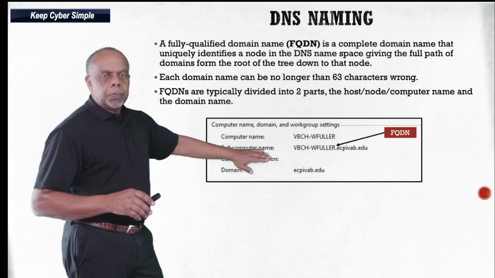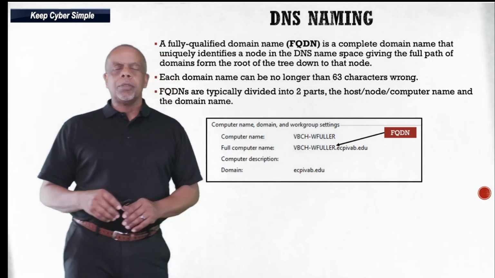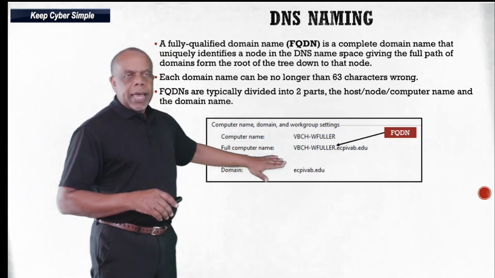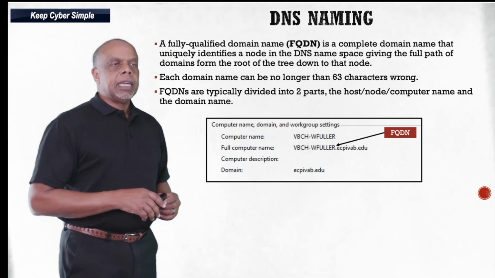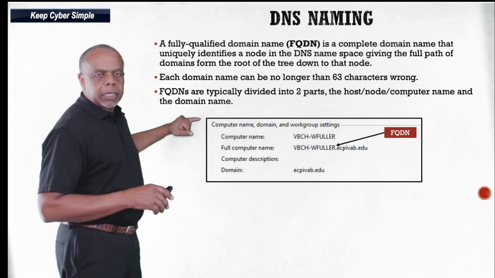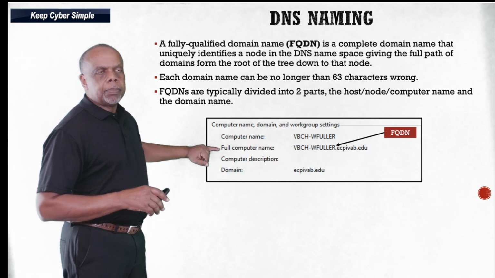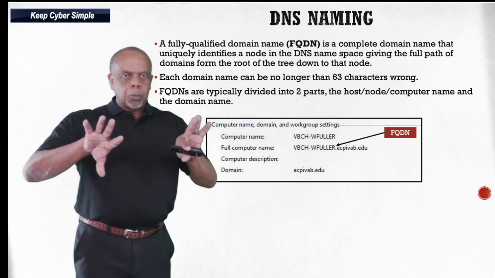This computer, VBCH-W Fuller, is the host name. It resides on the .ecpivab.edu domain. These two pieces together, the computer name and the domain name, make up the fully qualified domain name. So that's what that is, two parts.